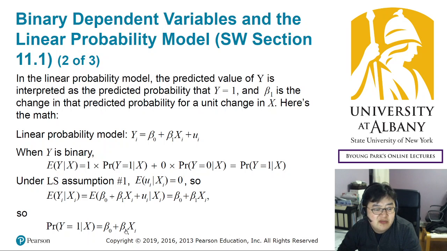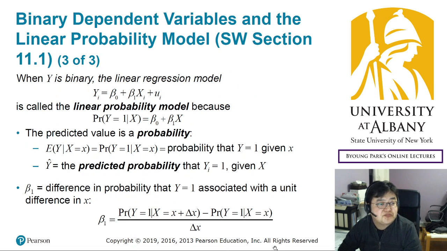And beta 1 means how much the probability of acceptance increases when your income increases by $1, if x is measured in dollars. So if x increases by 1 unit, your probability increases by beta 1. This is called the linear probability model because the probability is a linear function.